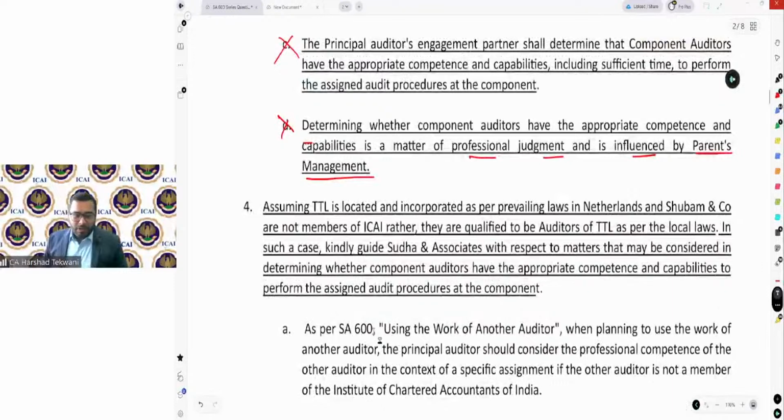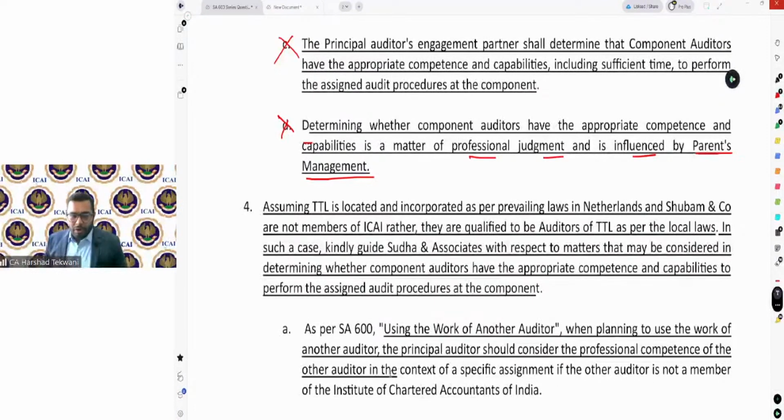SA 600, using the work of another auditor. When planning to use the work of another auditor, the principal auditor should consider the professional competency of the other auditor in the context of the specific engagement, if the other auditor is not a member of the institute.